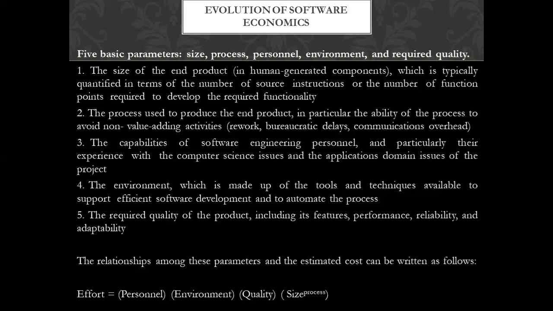So COCOMO is the conventional cost estimation model, the basic model developed to check what will be the estimated cost for the project, what will be the estimated budget, how much effort we have to put, and that we have to find out in terms of person months or staff months. So that is the unit for finding out that thing.